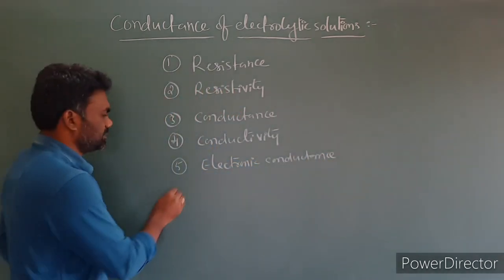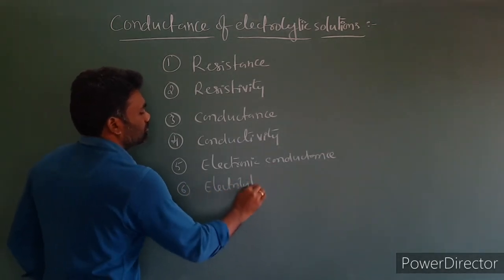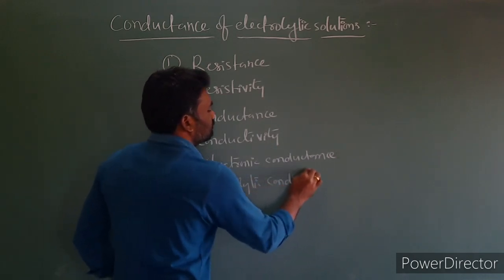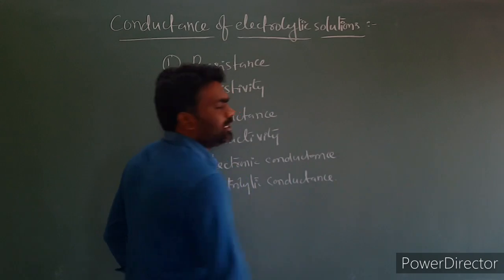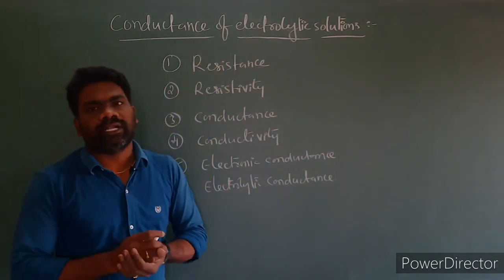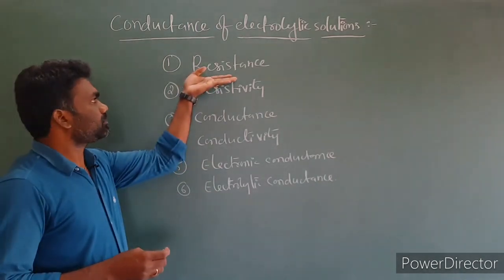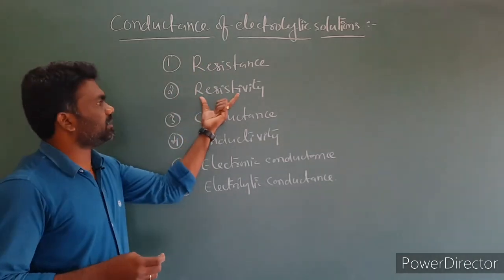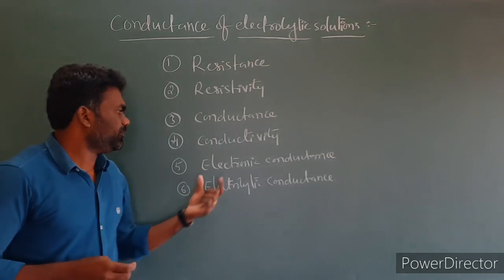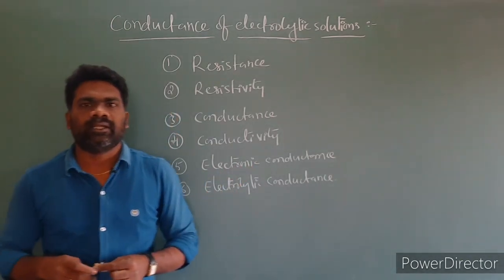The sixth one is electrolytic conductance. So before going to learn conductance of electrolytic solution, we need to understand these basic terms: resistance, resistivity, conductance, conductivity, electronic conductance, and electrolytic conductance.